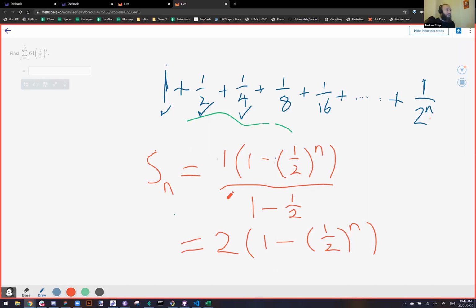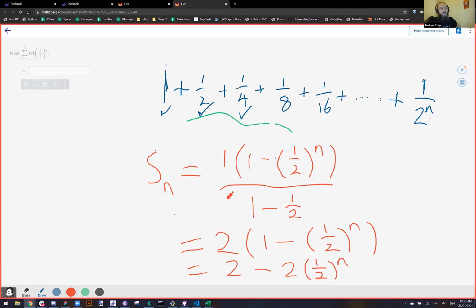That was just me cleaning up the denominator there. Okay, so now when I expand this bracket, what do I get? I get 2 minus 2 times 1 over 2 to the n. And this is telling us something really interesting.